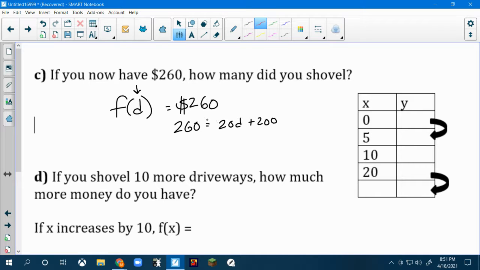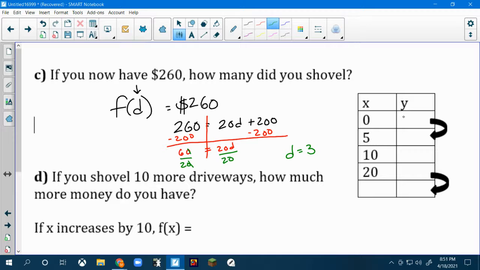Then we can just solve this like a multi-step equation. Get the d by itself. We're going to subtract 200 here, get 60, which equals 20 times d. Last step is to divide that by 20. Cross out our zeros. Now we have 6 divided by 2, so d equals 3.